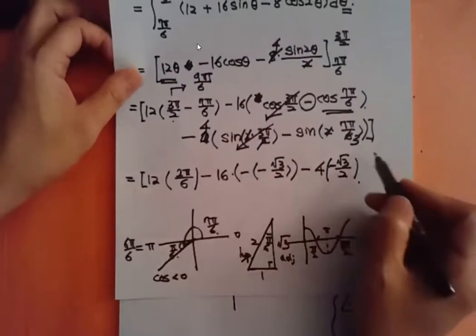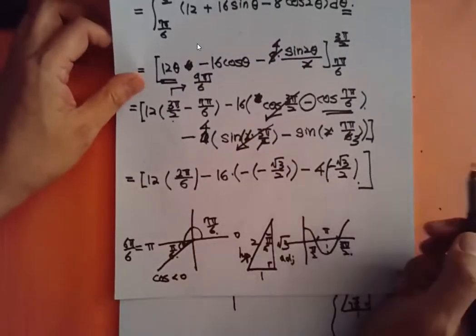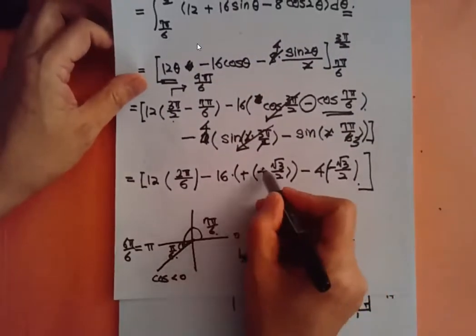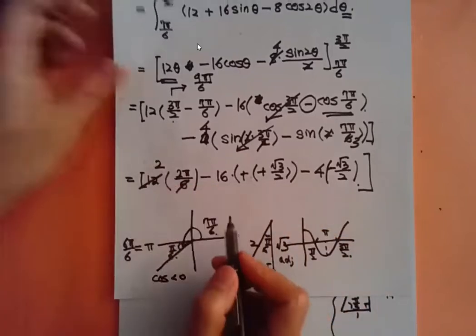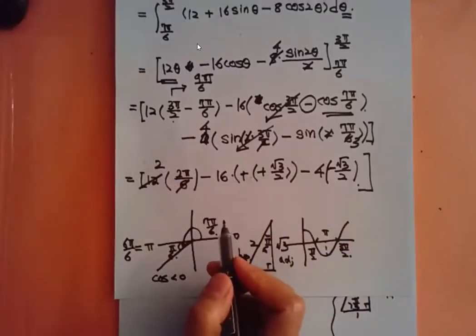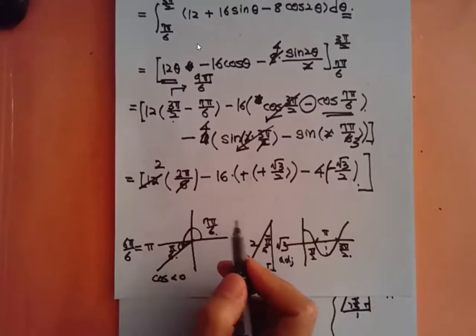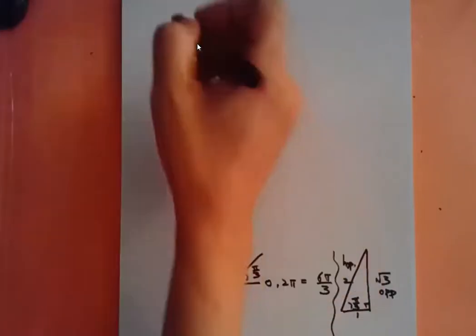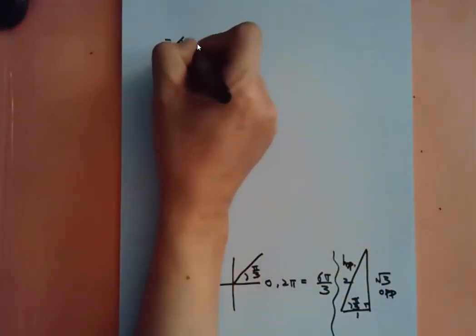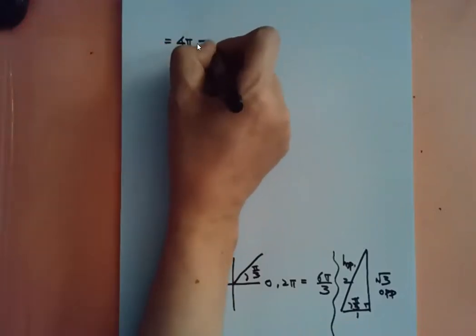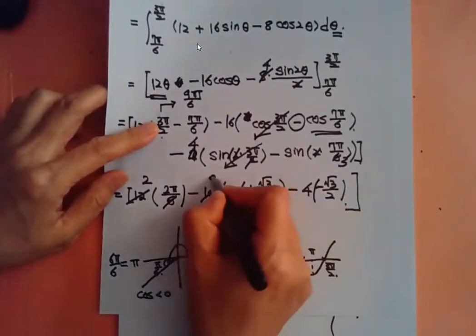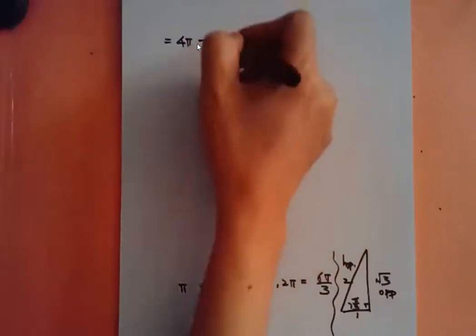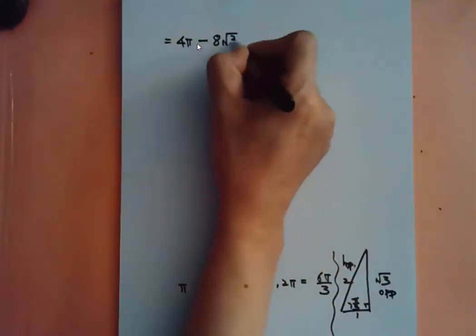So we have to calculate this, and so minus will make plus, and these two will cancel each other and becomes 2. So the first term will become 4 pi minus the second term. 2 and 16 will cancel each other, so minus 8 square root of 3.